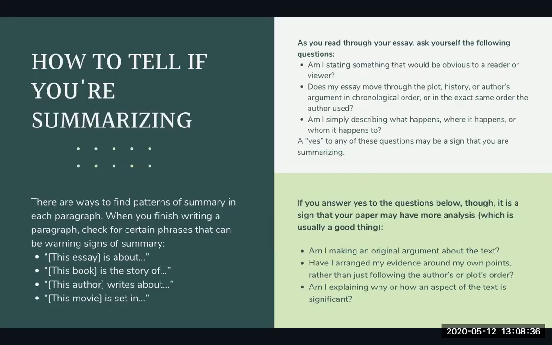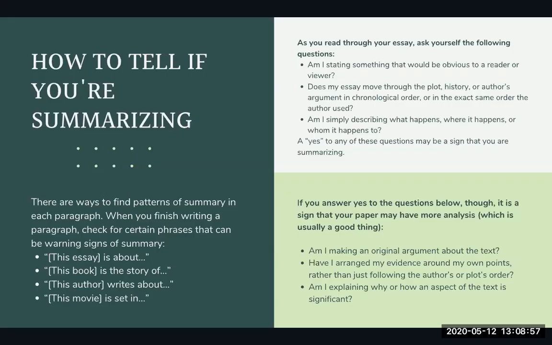And so sometimes you don't need to go in chronological order of the author's paper in order to state your ideas. So if you find that you're going in exact order, you might be actually summarizing as opposed to providing your own analysis.